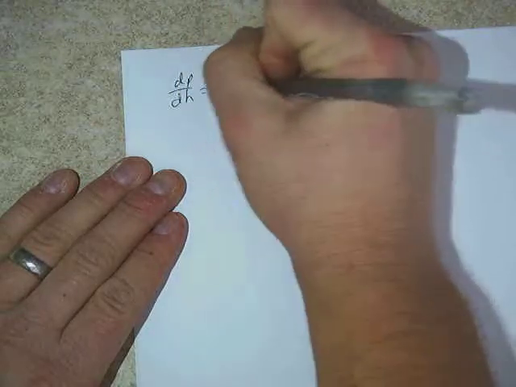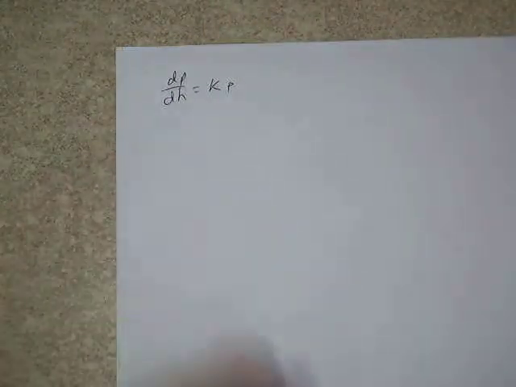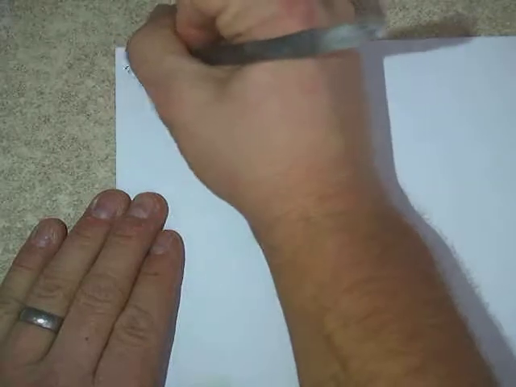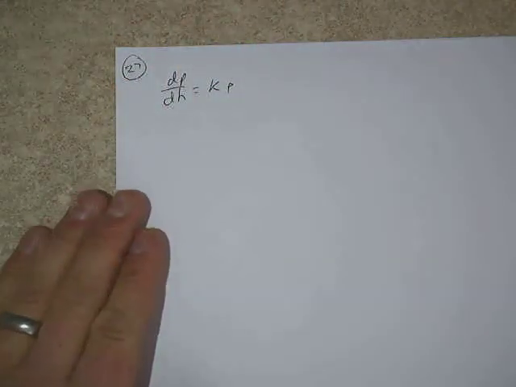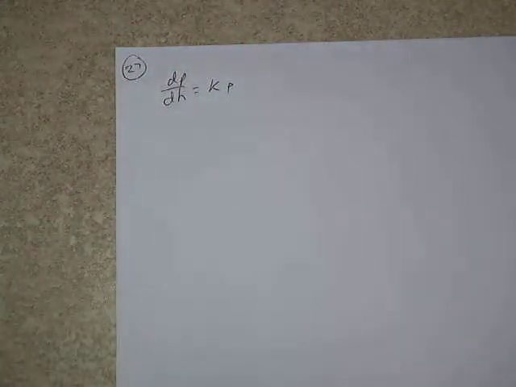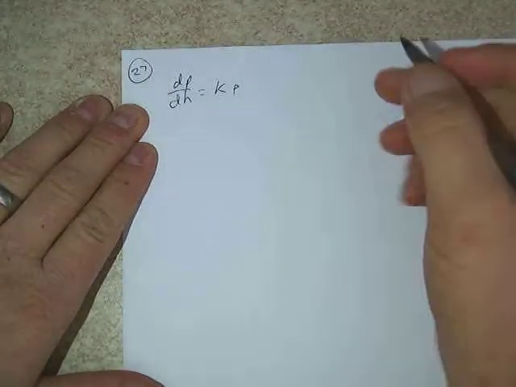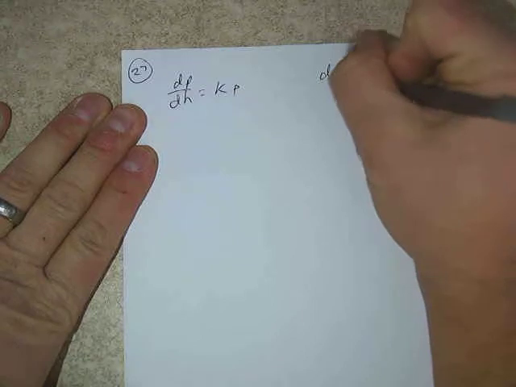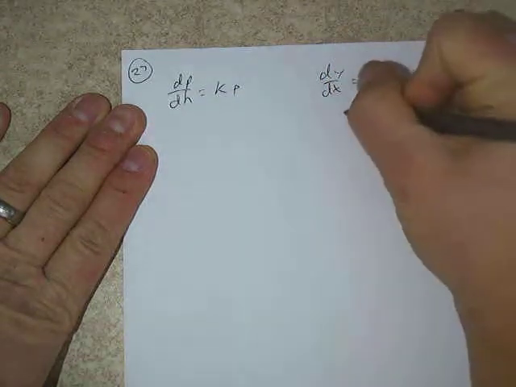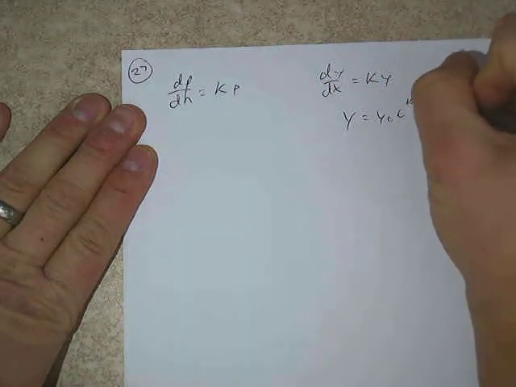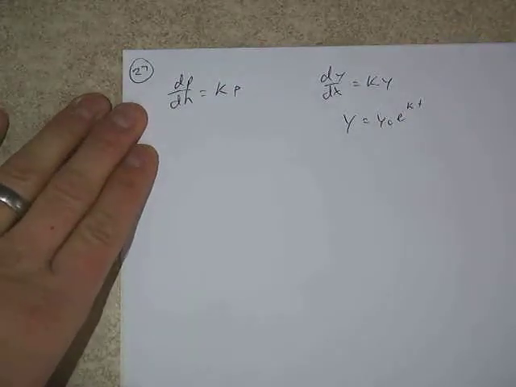What else? 27. And in 27, we have another differential equation given here. We got dP/dh equals kP. And you'll notice that it is of the same form as the original one that we looked at in our notes, which is ultimately dy/dx equals ky. And so we know that this type of differential equation gives us an equation that is of the same form every time.